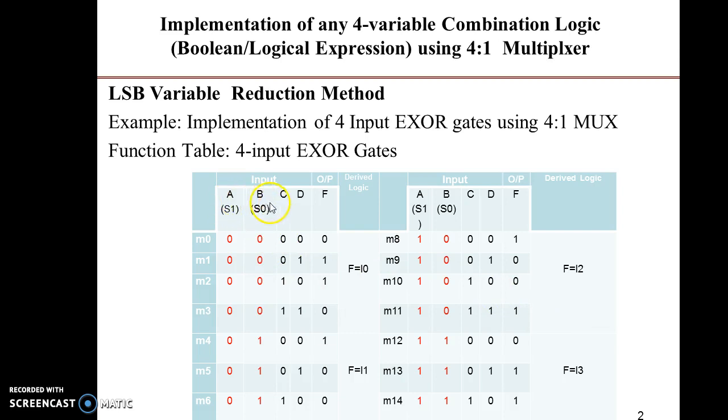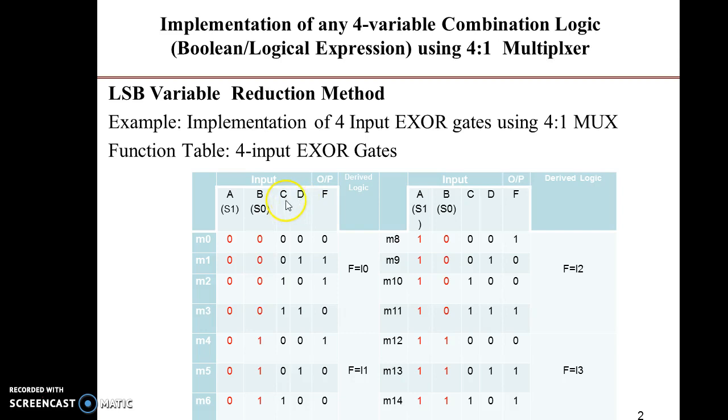Here A, B, C, D are the input variables of the XOR gate. Out of those 4 input variables, I can map the 2 MSB inputs of the XOR gate to the select input pins of the 4:1 multiplexer, and I am not able to map the 2 LSB inputs C and D to the select input combinations of the 4:1 multiplexer.